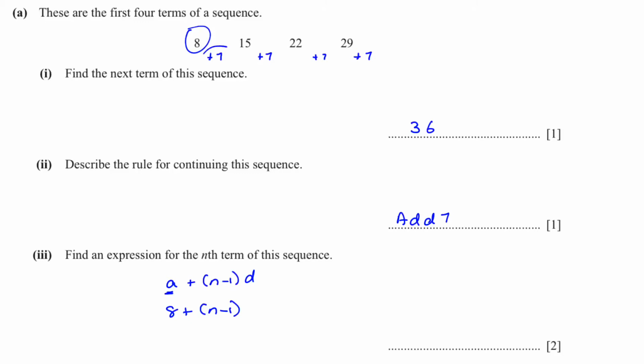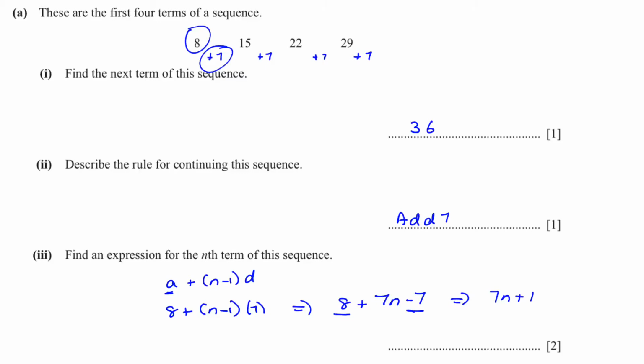And d is your difference, which is 7. Expand the bracket. 7 multiplied by n, 7n. Negative 1 multiplied by 7, negative 7. 8 minus 7 will give you plus 1. So the answer is 7n plus 1.